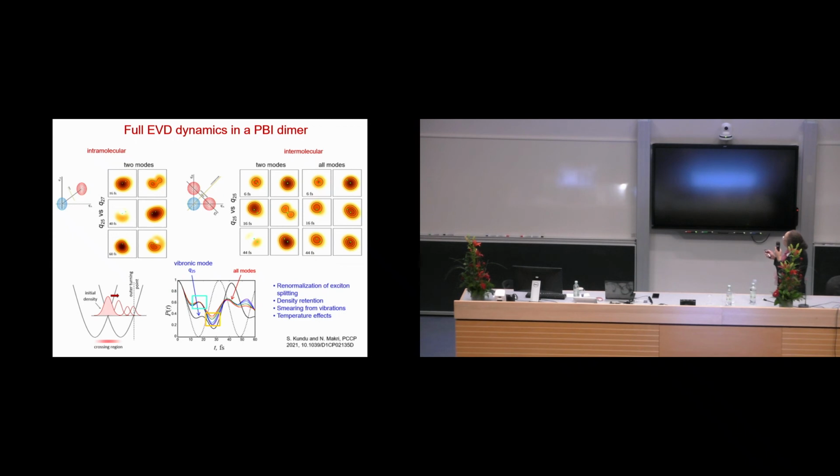It moves out to the turning point, and that's what we call depletion. This depletion means things stall temporarily, because population stops transferring when the density moves far from the crossing region. If I look at the dynamics of this vibronic mode alone, it's this. It shows this shoulder here. It's this effect that the density stops transferring, then resumes, and so on.